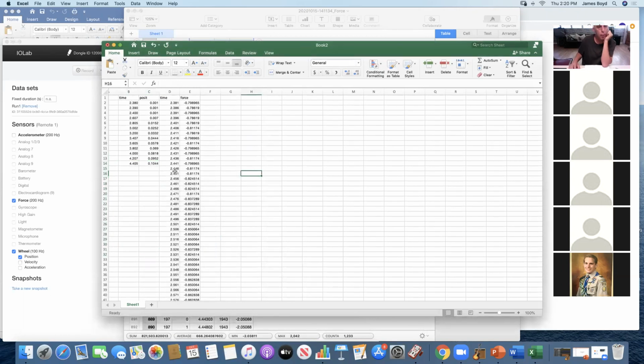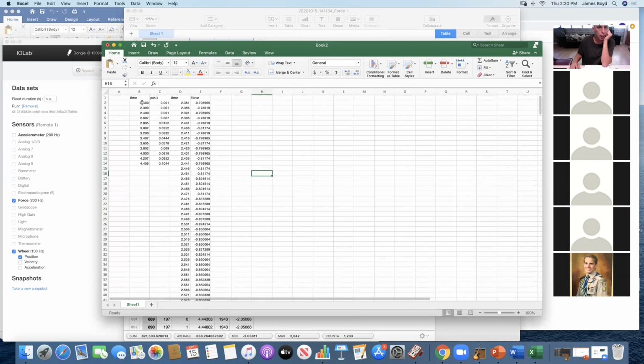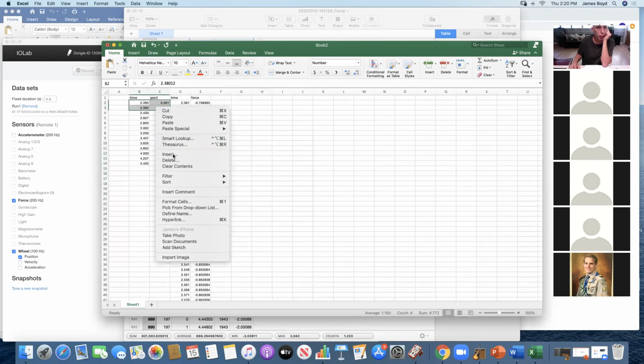Do the same with this column. If you have a faster way, that's fine. But I'm going to actually get rid of everything before 2.4.